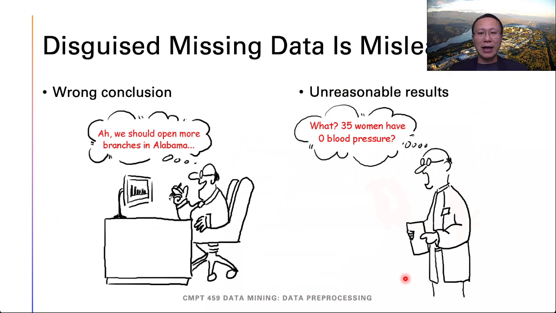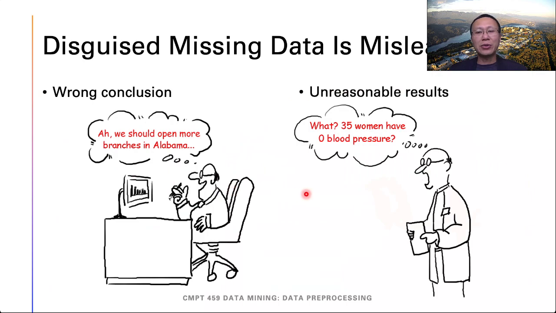Using the data collected as such, one problem is that the business decision may be wrong. For example, if you look at the data, you see, oh, there are so many customers in Alabama. Then you may make a wrong decision to say we should even open more branches in Alabama.